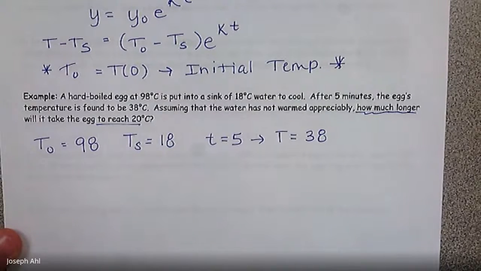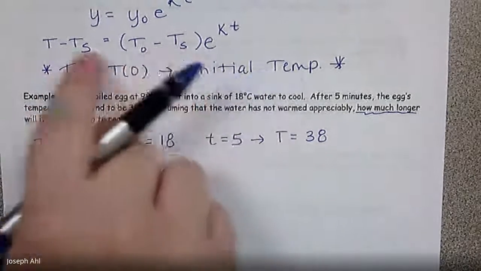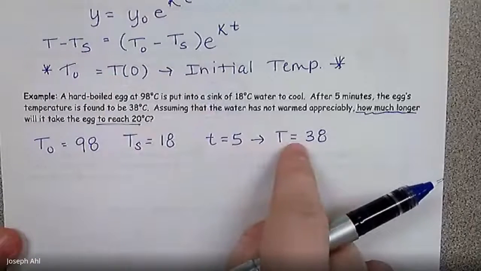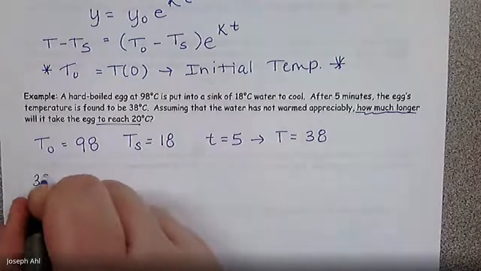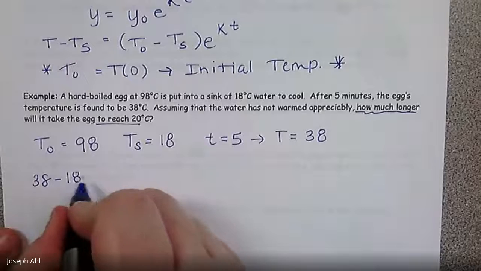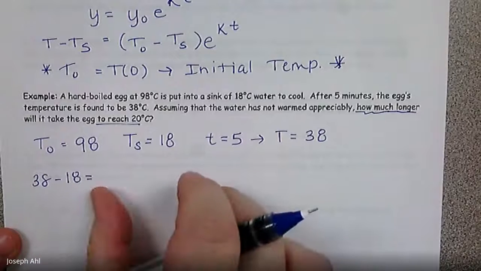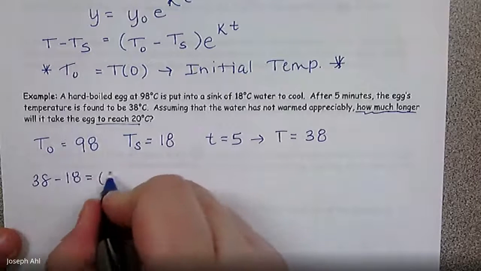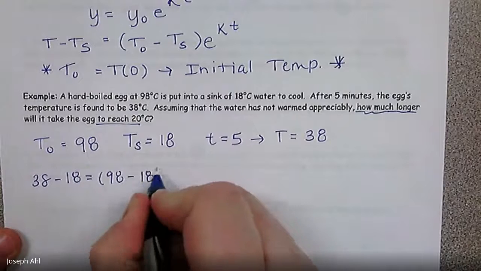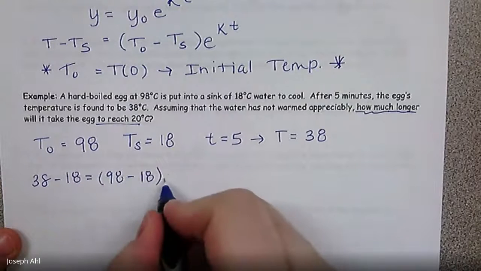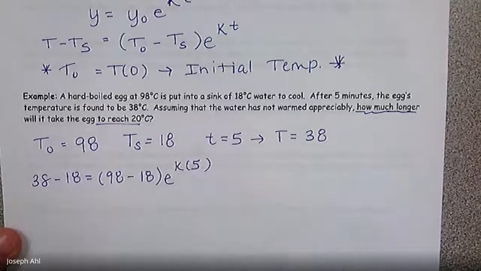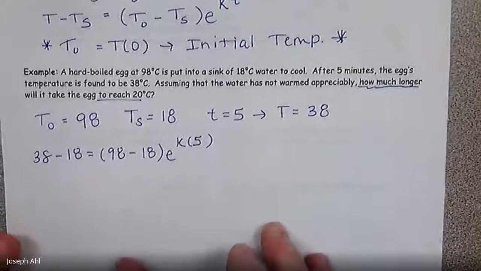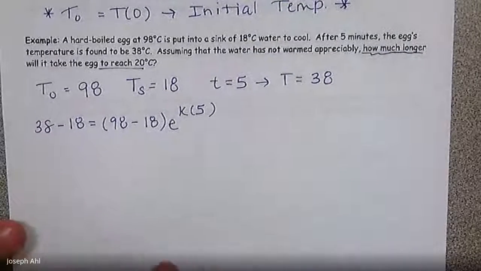So if I plug in everything that I know into Newton's law of cooling right here, capital T to start is 38 minus T sub s, which is 18. That equals the difference. T sub 0 is 98 minus the surrounding temperature of 18, e to the k times, we know this happens when t is 5. We've picked some nice numbers here, right?